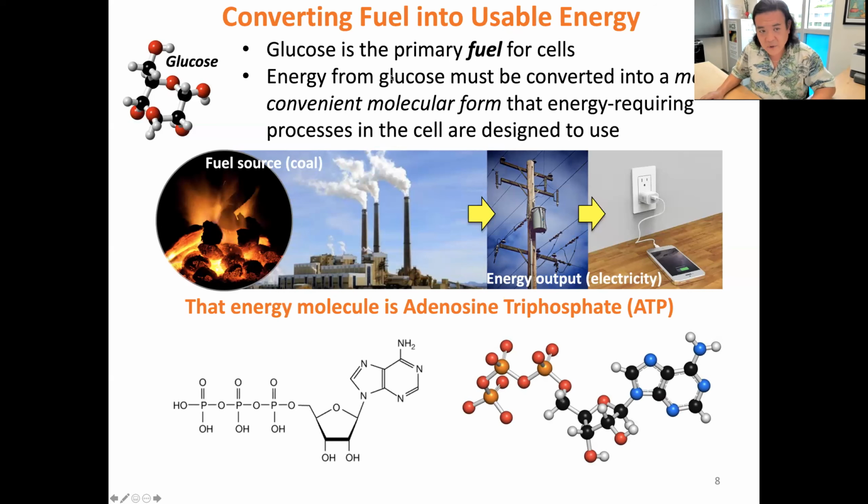So the energy from glucose has to be converted into this energy molecule, ATP, that is easy to distribute throughout the cell. And importantly, as we've been talking about for the last couple of lectures, many enzymes are designed to expect ATP as the thing that they bind to so they can break that third phosphate bond and cash in on that energy.